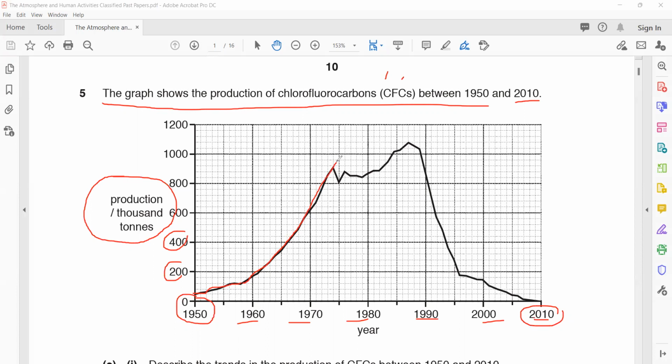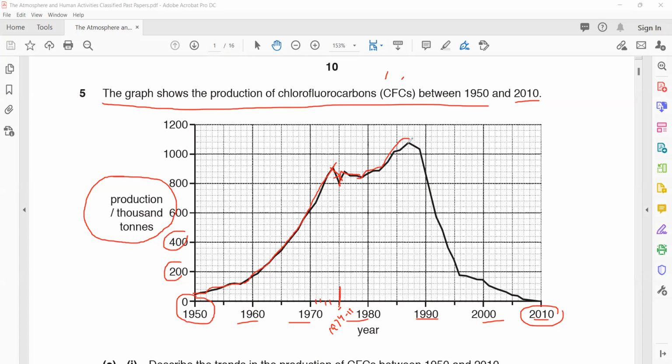Then in the mid of the 70s and 80s, you can say 71, 72, 73, 74. In 1974, you can see there is a decline, and up to 1975 here. Then again there is an increase, then again a little bit of decrease, and then again a rapid increase.